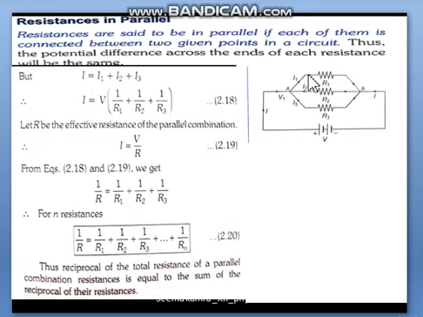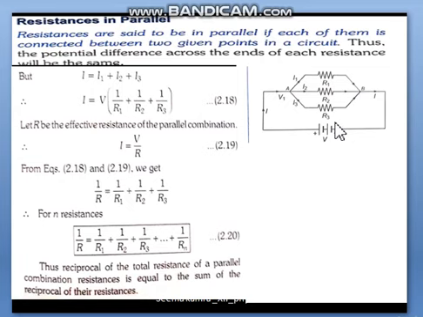So you see R1, R2, R3, here they are all connected at one single point, and here also R1, R2 and R3 are connected at one single point. So when both ends are commonly connected, then those resistances are known as being in parallel combination.